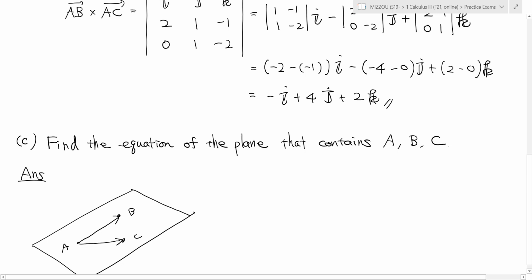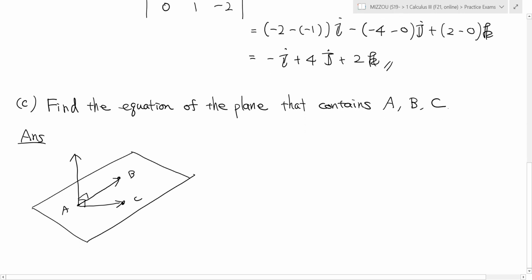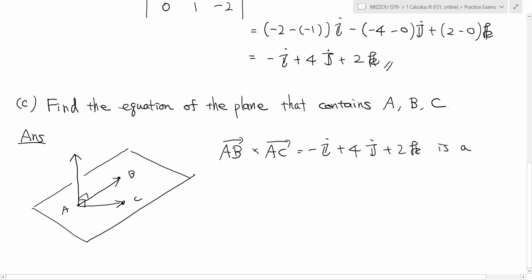Those two vectors are on the plane, and the cross product of two vectors is a vector perpendicular to both of them, like this. So therefore, we could use this one, AB cross AC, which we computed as negative I plus 4J plus 2K, as our normal vector.